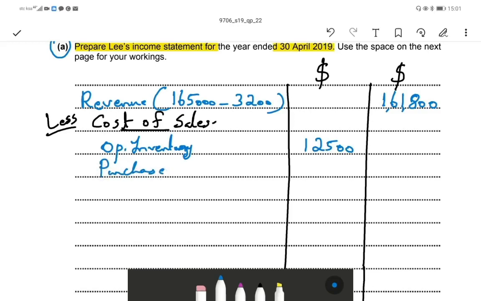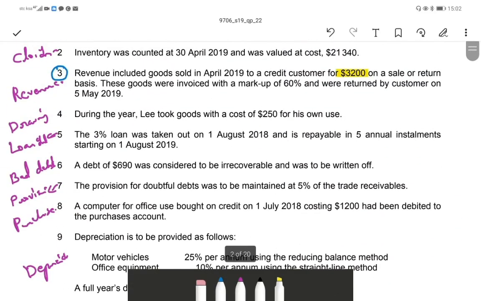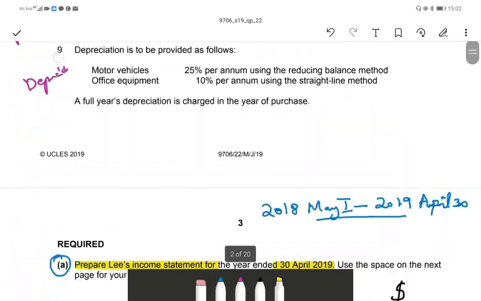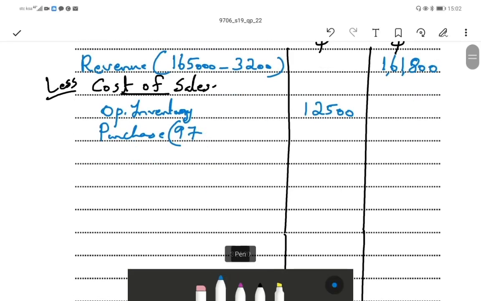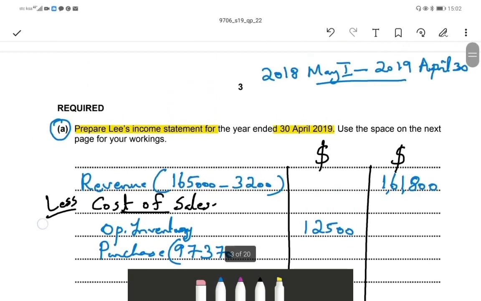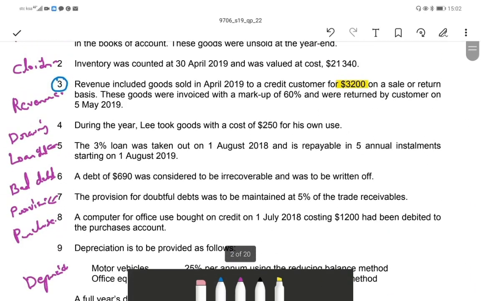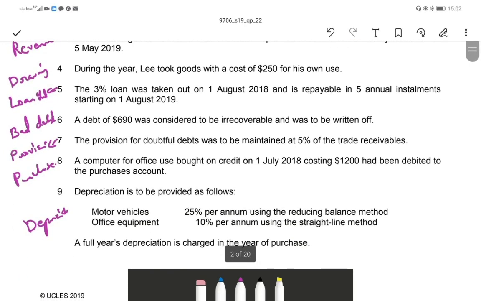Purchase is 97,370. Then any adjustment? Here purchase is the 8th adjustment.